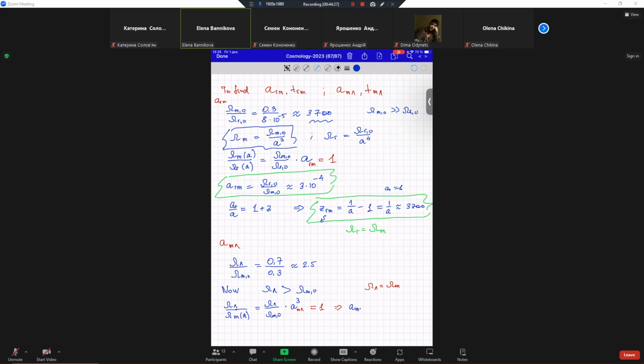From this I can obtain that A_m lambda we can find as a ratio of omega m0 to omega lambda.